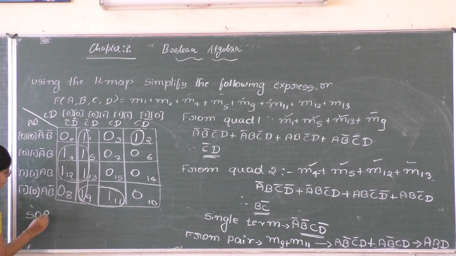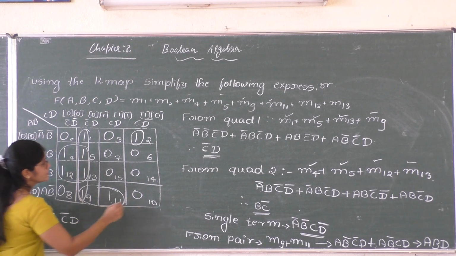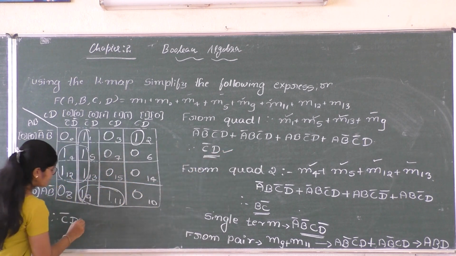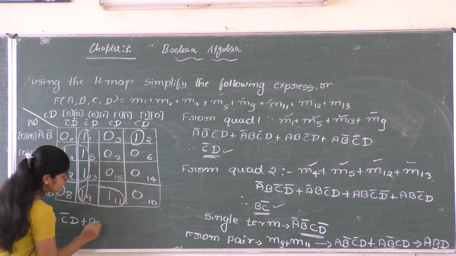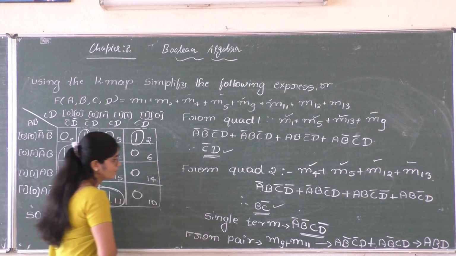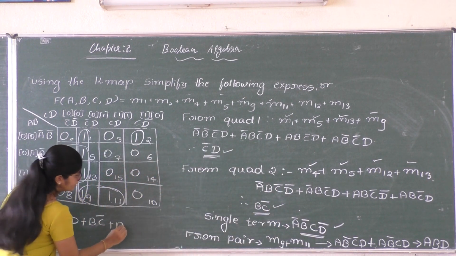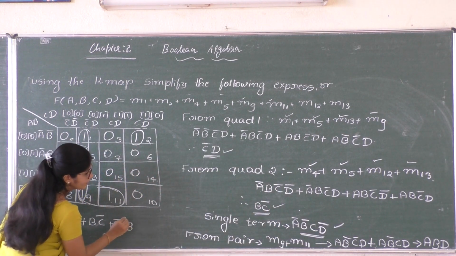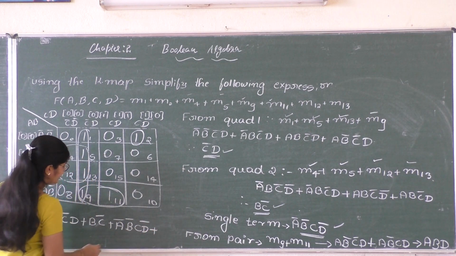The final SOP expression is C bar D plus B C bar plus A bar B bar C D bar plus A B D.